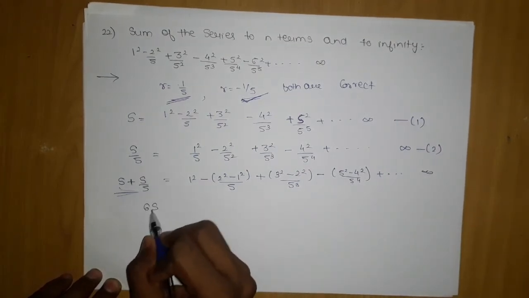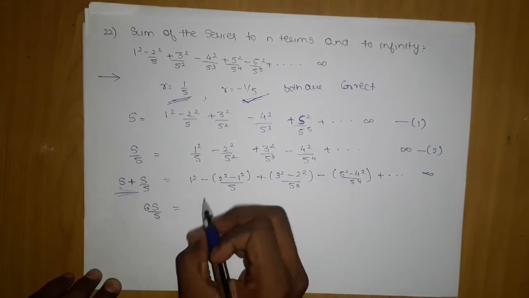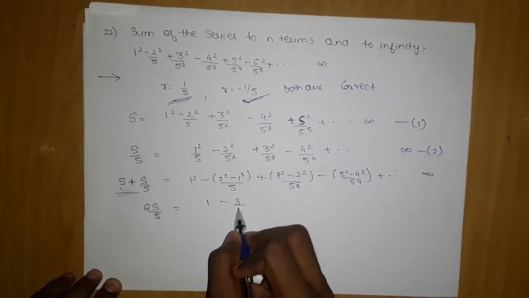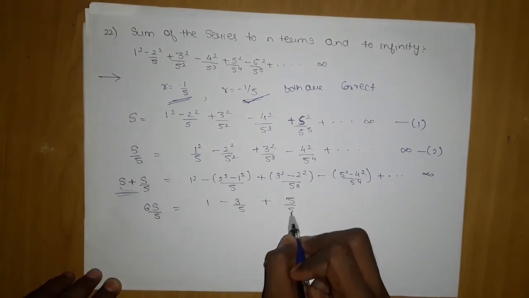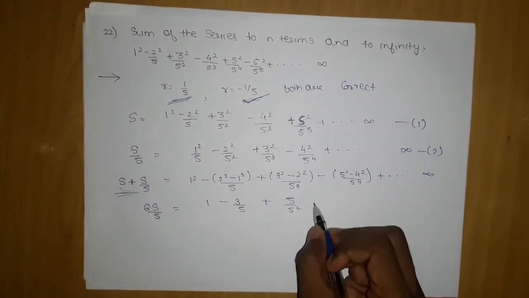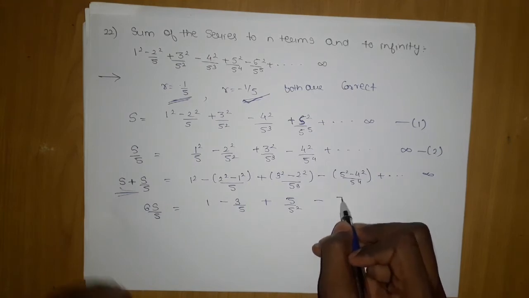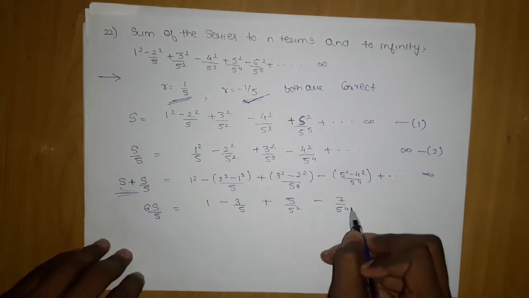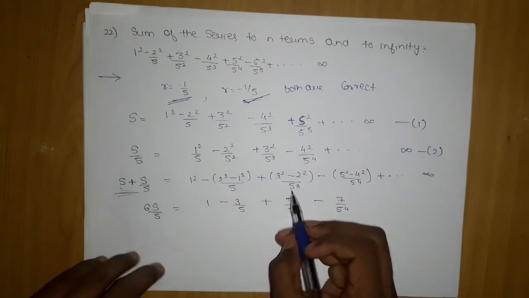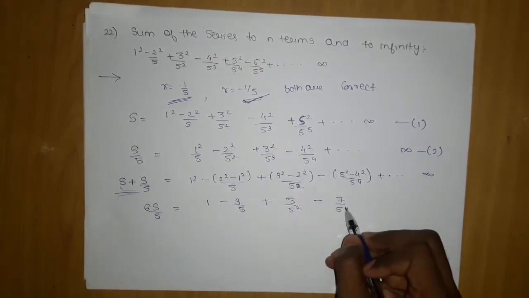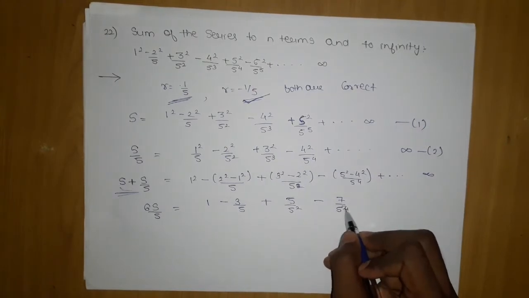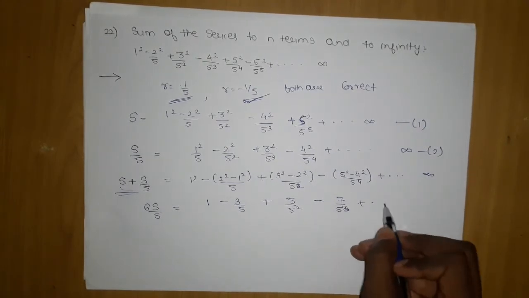So here you are getting 6s by 5 equals 1 minus 3 by 5 plus 5 by 5 square, 9 minus 4, minus here we are getting 7 by 5 power 4. This was 5 square, this was 5 cube. So we are getting this pattern, and we will move on till infinity.